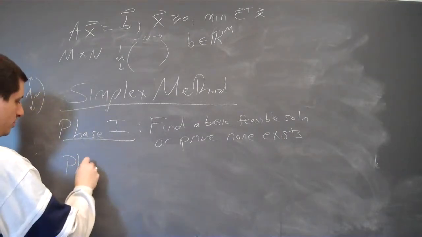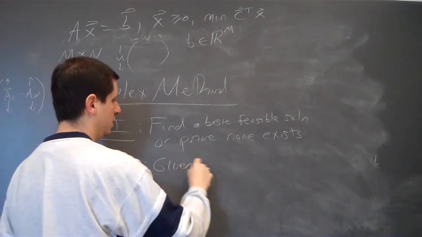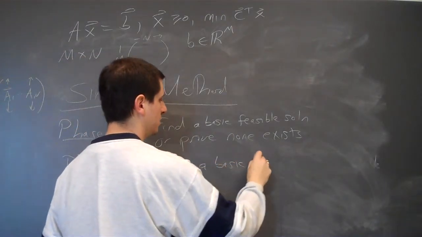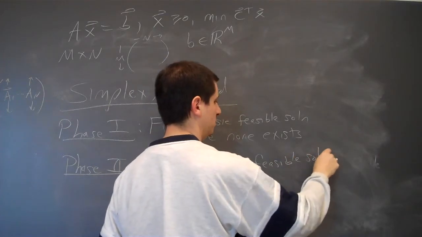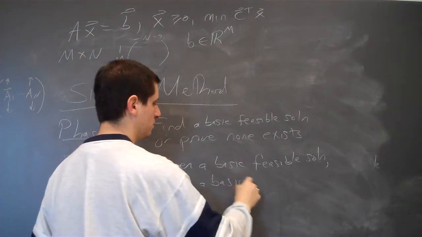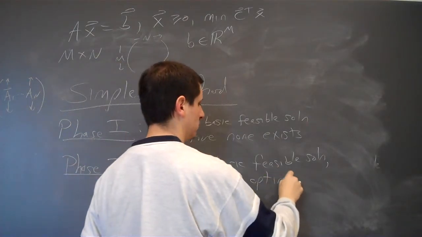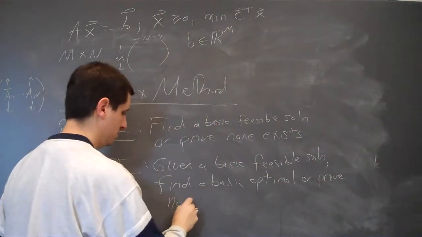Step two, or phase two: given a basic feasible solution, find a basic optimal solution or prove none exists.